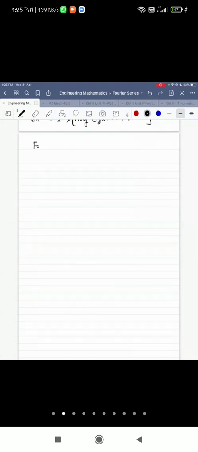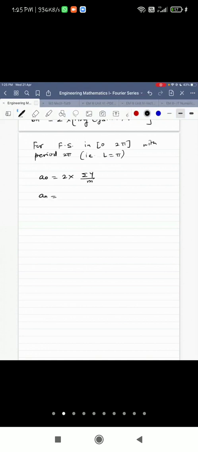For a Fourier series in 0 to 2 pi with period 2 pi, that is, L equal to pi, a naught is 2 into summation y by m. An is 2 into summation y cos nx by m. And bn is 2 into summation y sin nx upon m. So depending on which harmonic you need, you have to put the value of n.